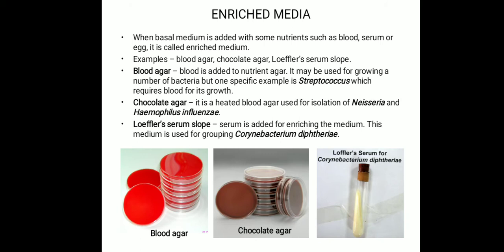It is a heated blood agar used for isolation of Neisseria and Haemophilus influenzae. Then the third picture is the Loeffler's serum slope. Here serum is added for enriching the medium. This medium is mainly used for the growth of Corynebacterium diphtheriae.